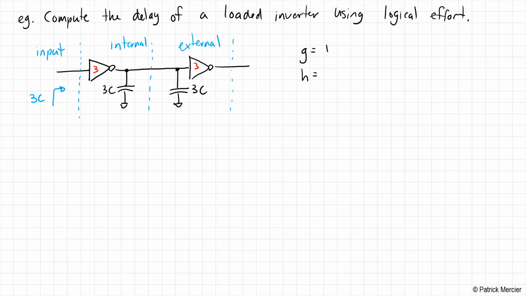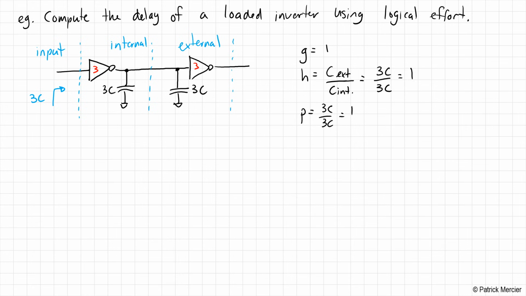The electrical effort, as you recall, is the ratio of the external capacitance to the internal capacitance. In this case, the external capacitance of our external inverter is 3C. The internal capacitance is 3C, so this is also equal to 1. And the parasitic effort is 3C over 3C, which is also equal to 1.